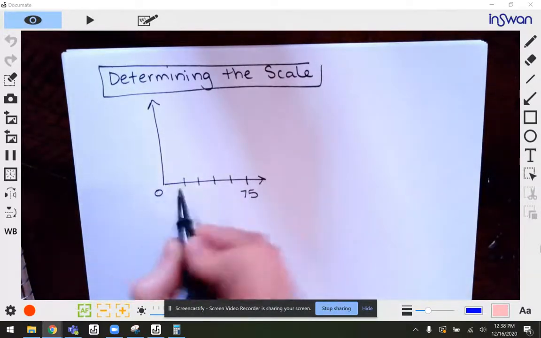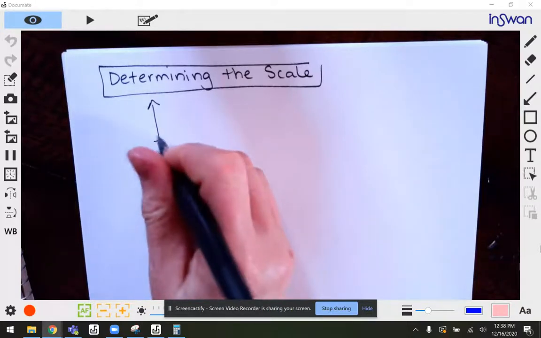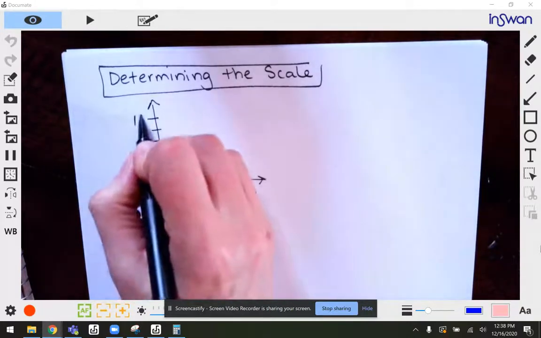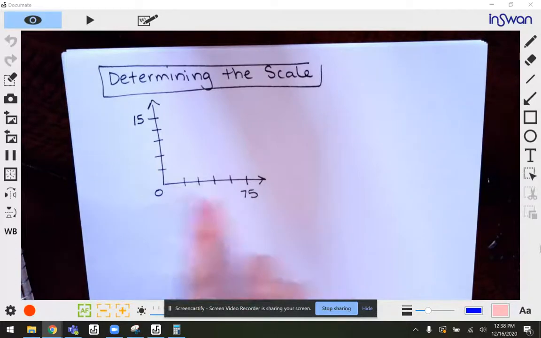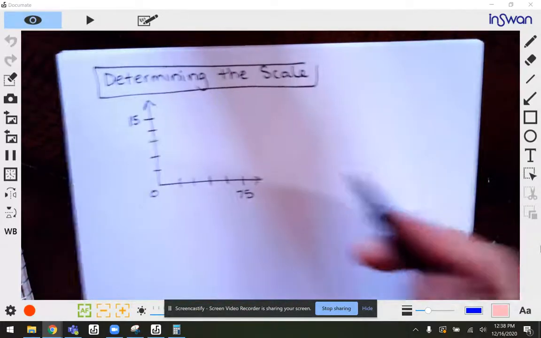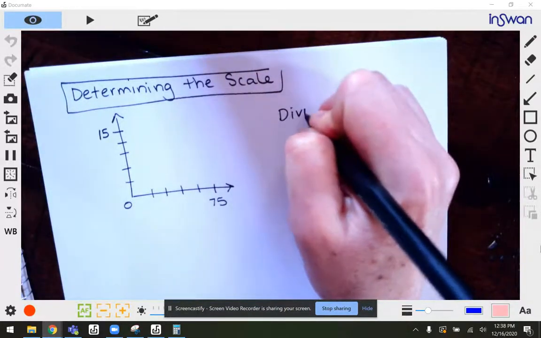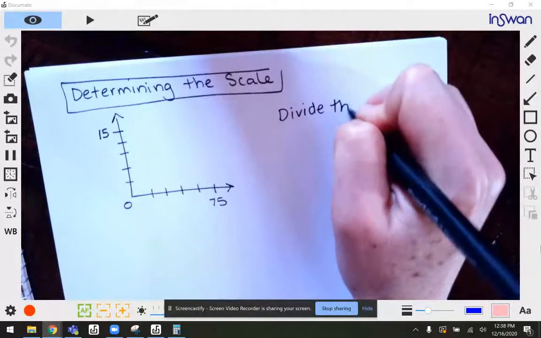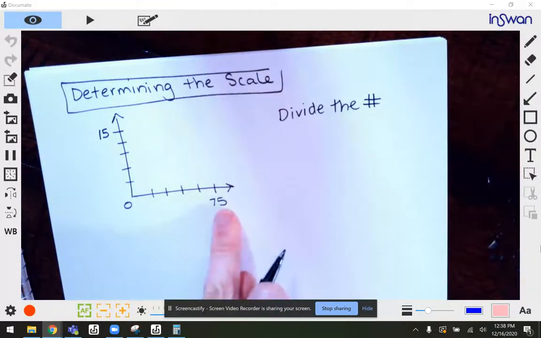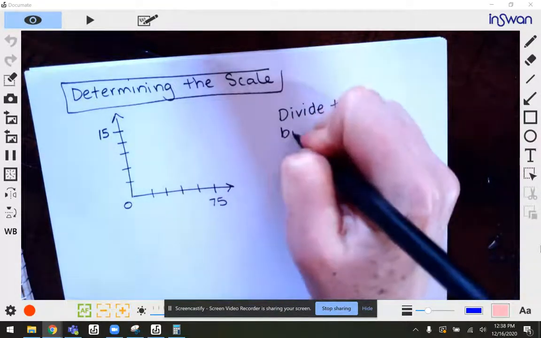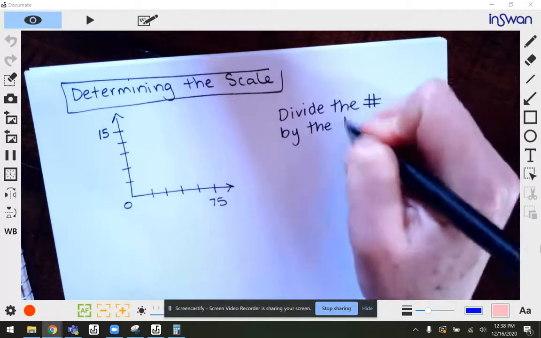The axis always starts at 0. It only has the last one labeled, and you don't really know what the increments are that are being used. To find it out, you want to divide the number that you're given, so this last number, by the number of tick marks.